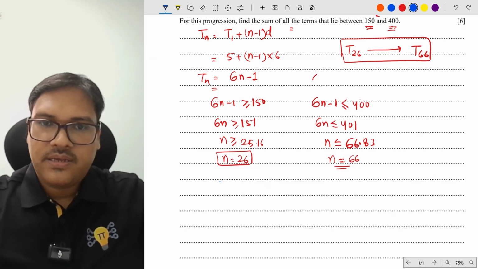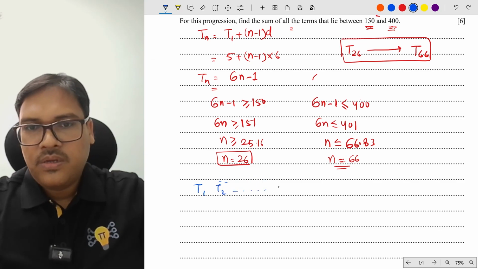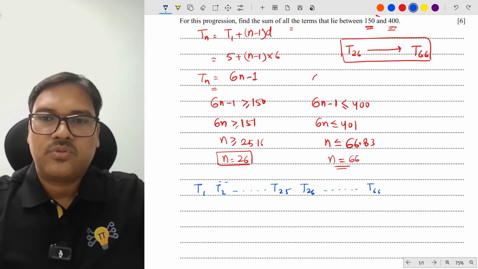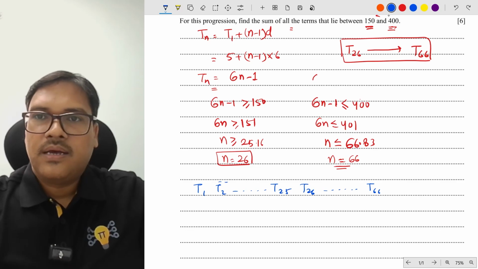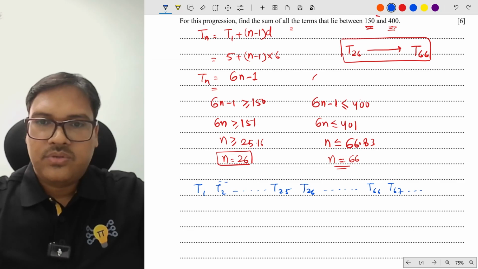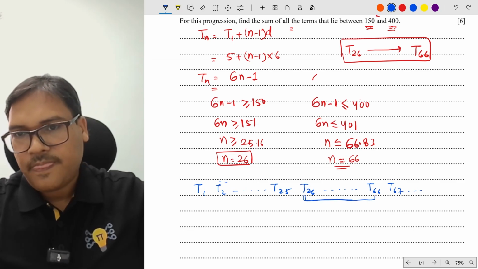If I start with T1, T2, up to T25, T26, and T66, and this is T67, this is the AP. So I want to find the sum of this series.